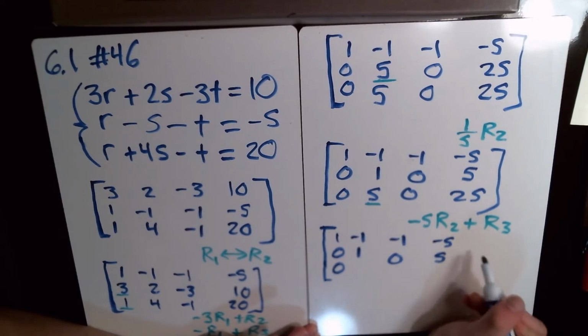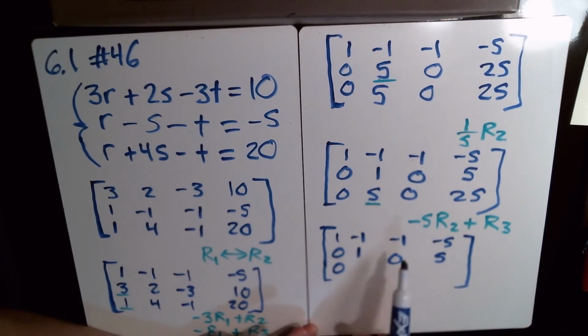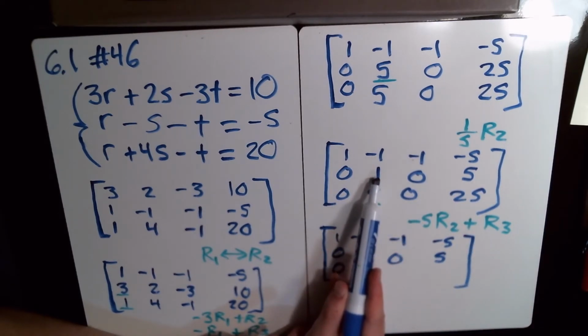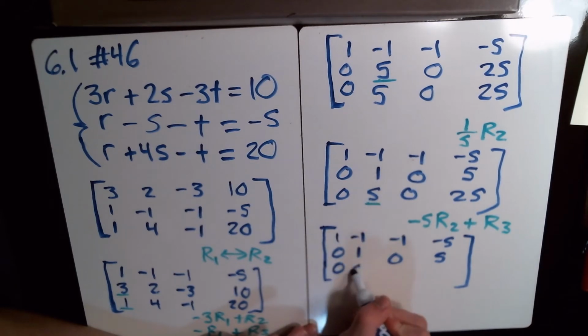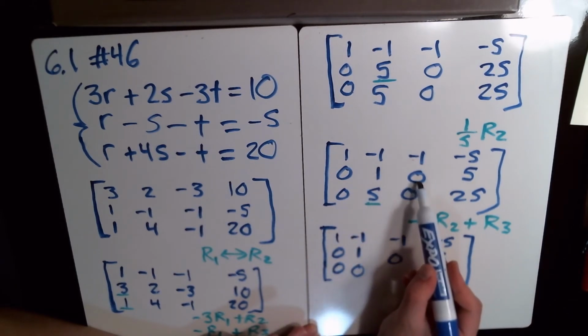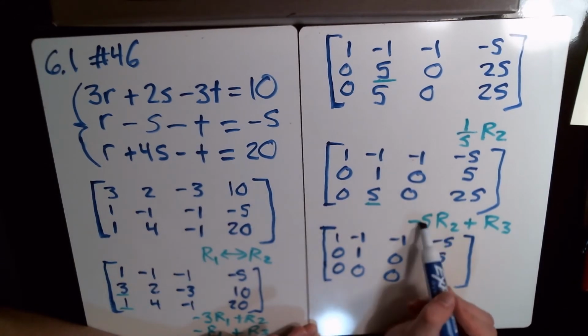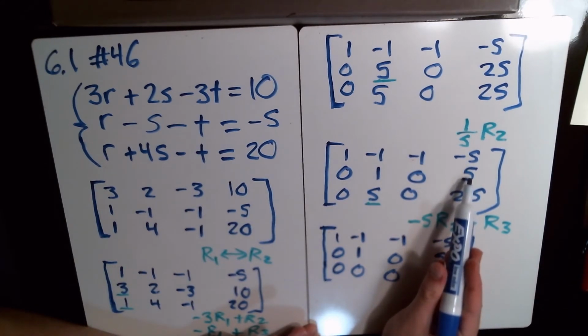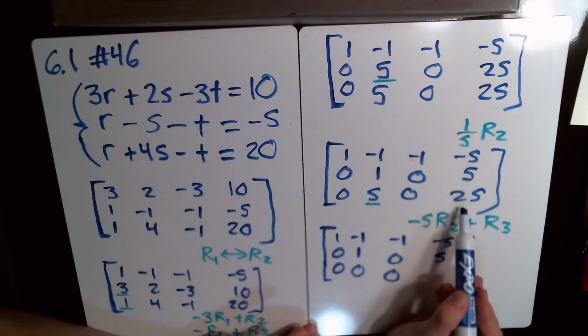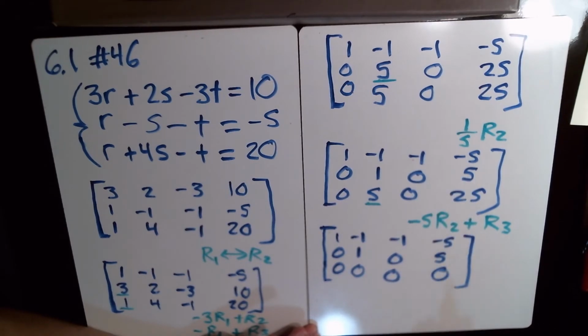Negative 5 times 1 is negative 5, plus 5 is 0. Negative 5 times 0 is 0, plus 0 is 0. Negative 5 times 5 is negative 25, plus 25 is 0. So notice we have a row of zeros we just created here.